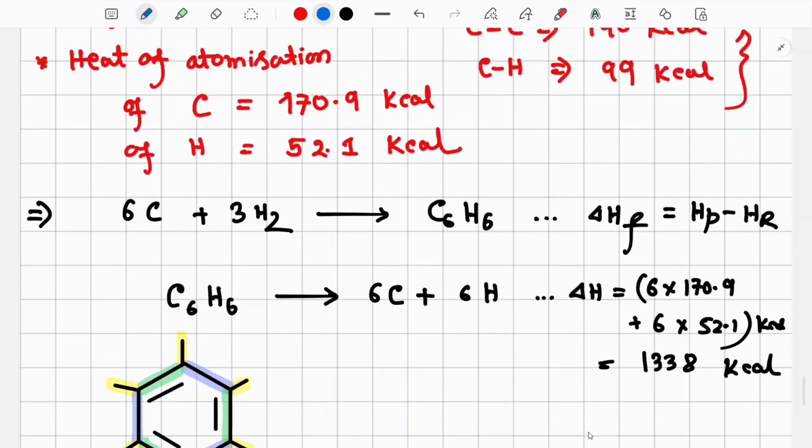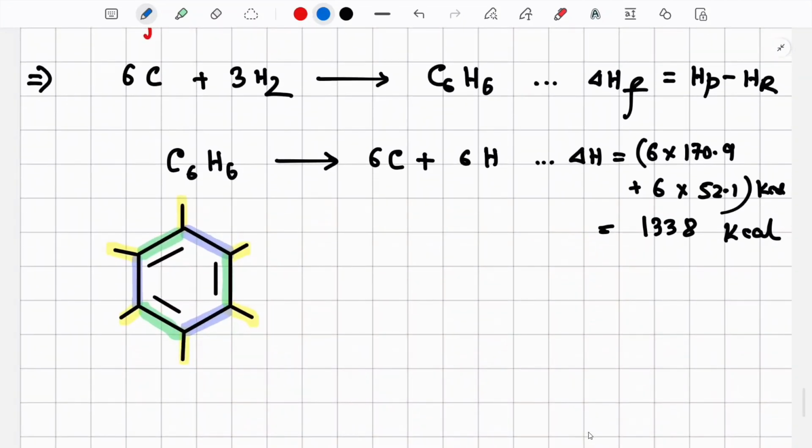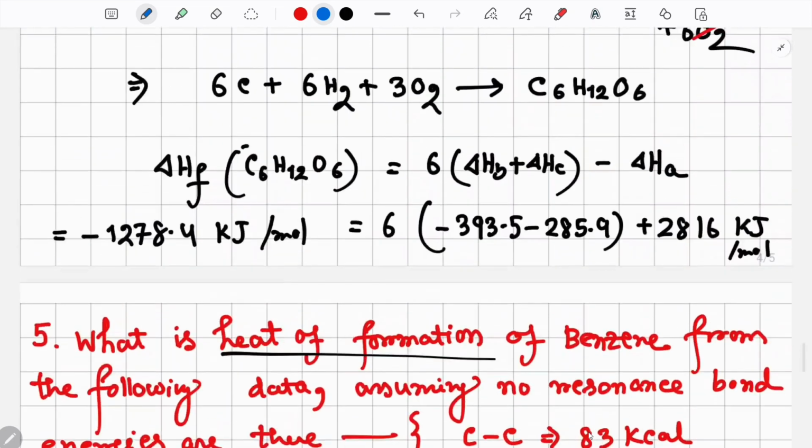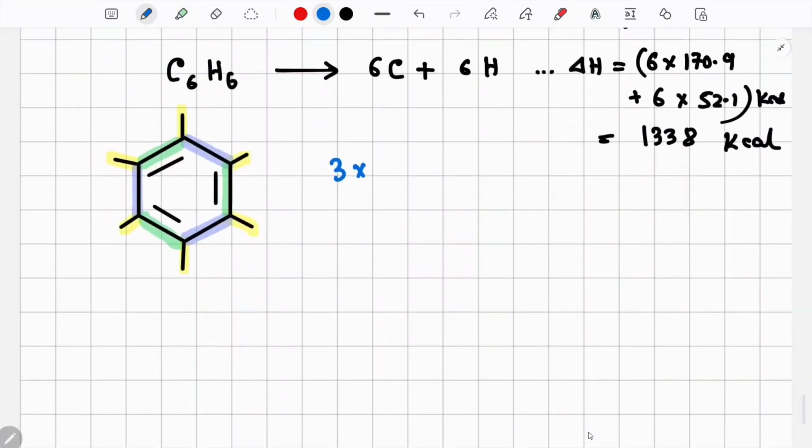Okay, let me calculate. So it will be 3 times 83. 3 CC single bonds and 3 CC double bonds. Where is the 6 single bond C? At first, all bonds are single and then 3 are double. It should be like that.